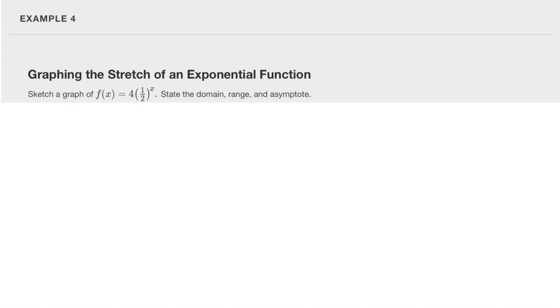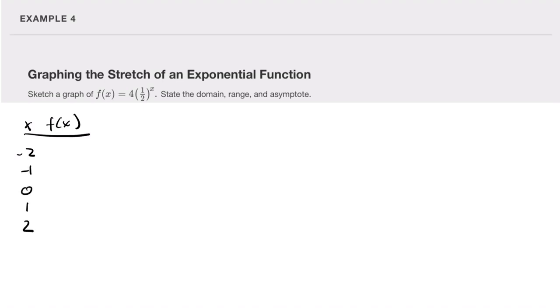Okay. So we can choose several values of x. Let me see. When x is -1, -2, -3. Okay. So we'll look at x and f of x. I'm going to let x go from -2 to 2. So -2, -1, 0, 1, and 2.